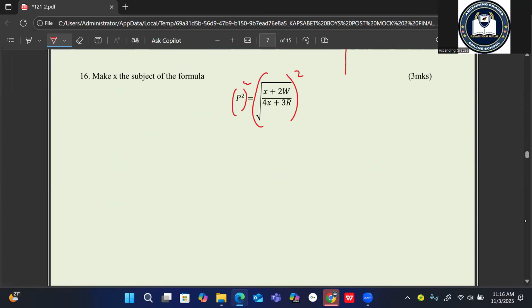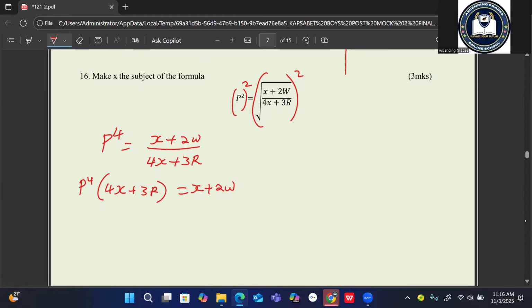So this one becomes p power 4 is equal to x plus 2w out of 4x plus 3r. So can multiply this one by there. So it becomes p power 4 into 4x plus 3r is equal to x plus 2w.